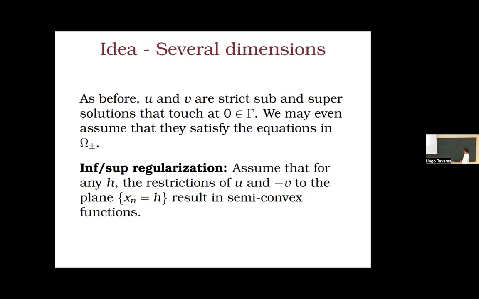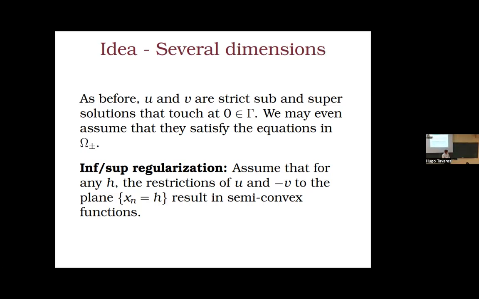The advantage of this type of thing is that if U is a sub-solution, it turns out that U epsilon is also a sub-solution of the problem. They converge locally uniformly to the original function, and moreover, they gain regularity. This function becomes semi-concave. And in this case, what we're going to do is this type of regularization, but along the directions that are parallel to the interface.